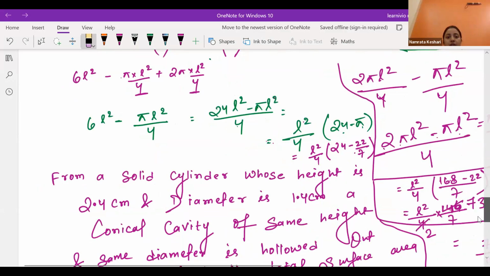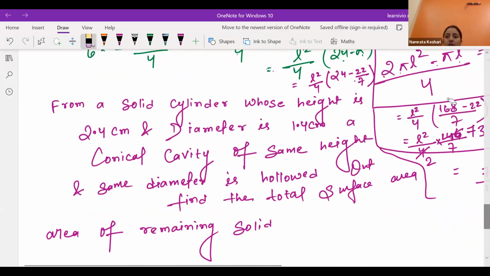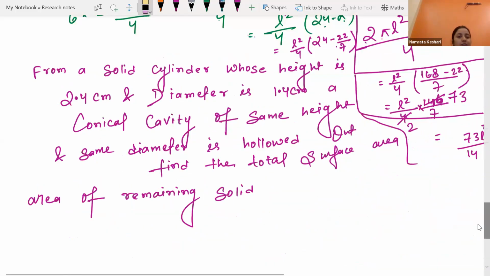I'm going to give you the hint of this question which I have written over here so that you can try it at home. This is question number 8.